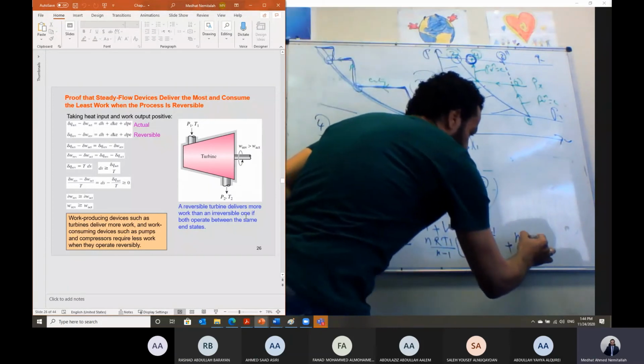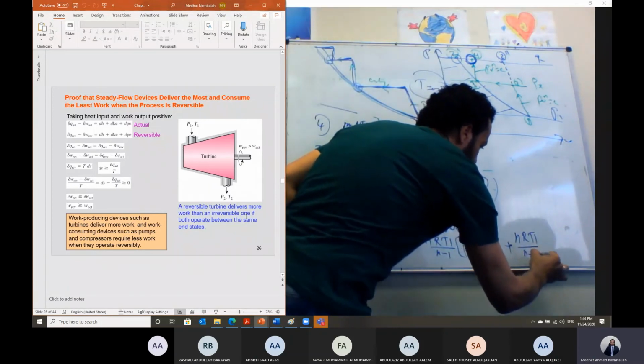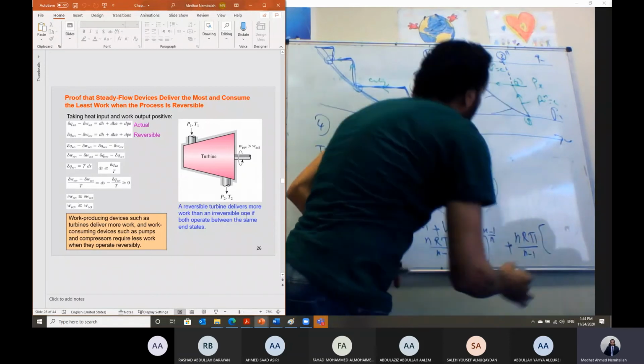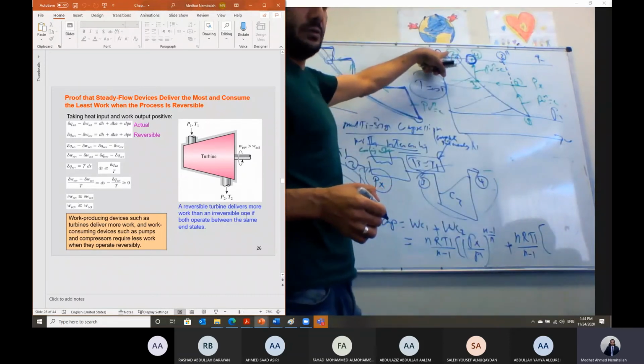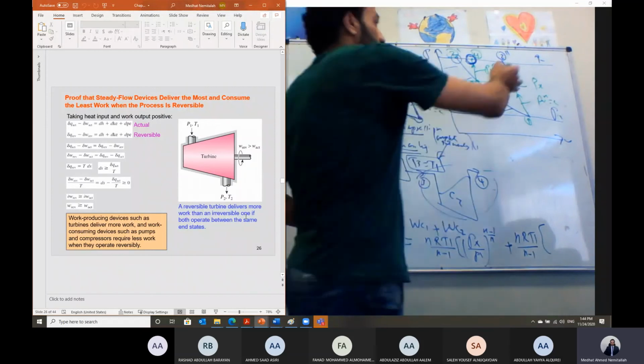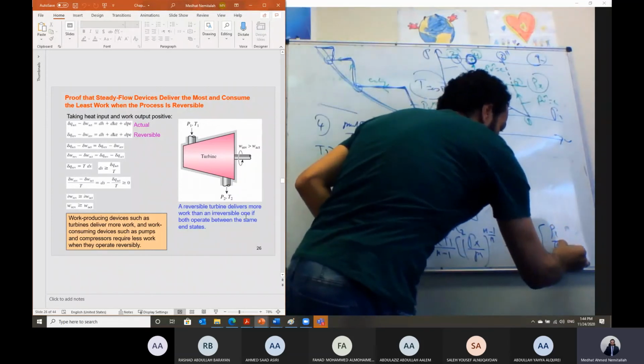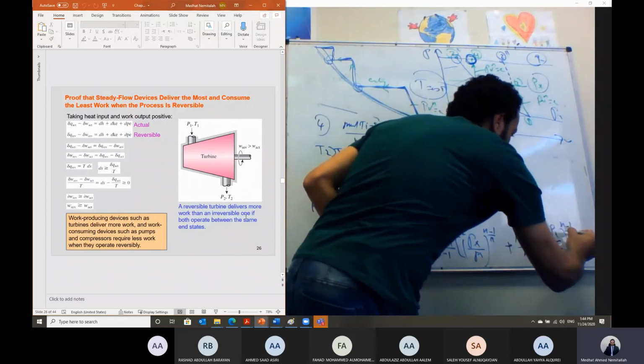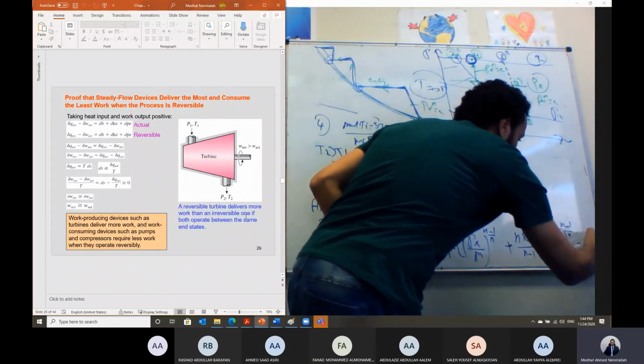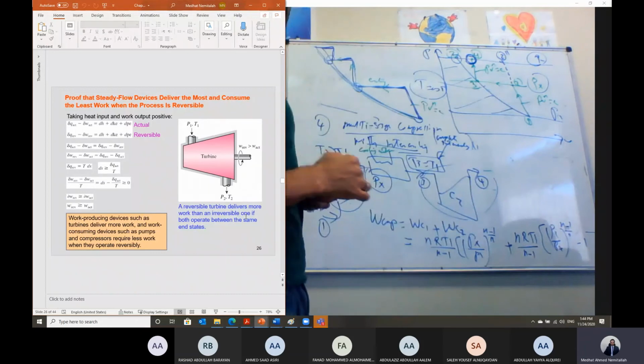So it will be nRT1 divided by n minus 1 multiplied by the final pressure P2 divided by the intermediate pressure Px. So (P2 over Px) to the power (n minus 1) over n, and we have minus 1. Okay?